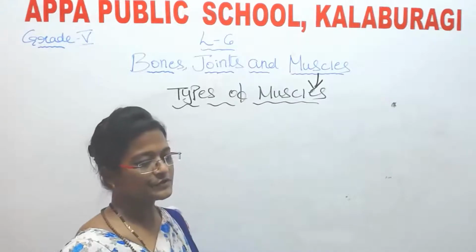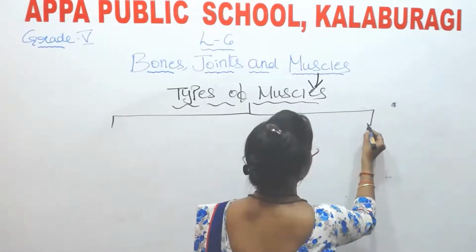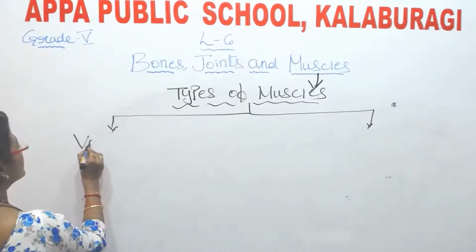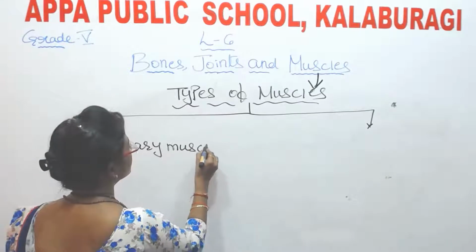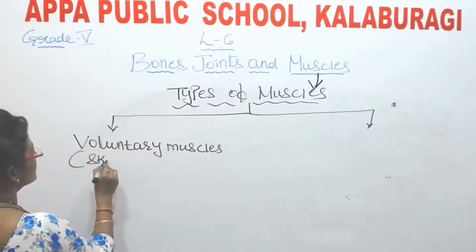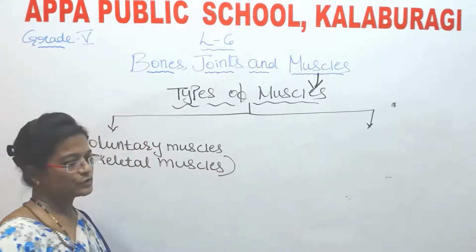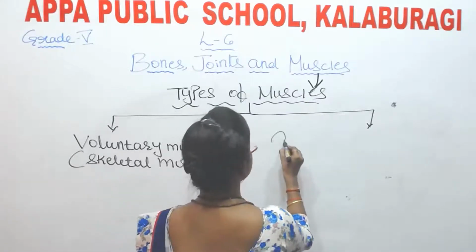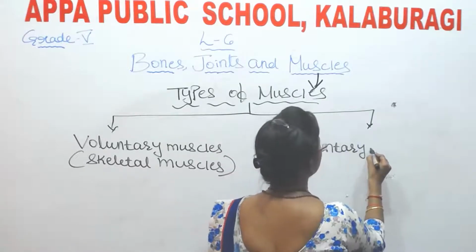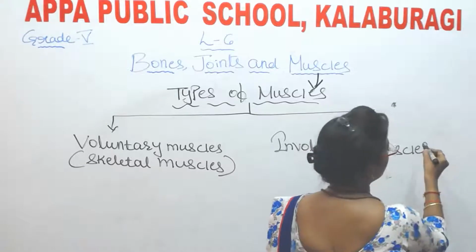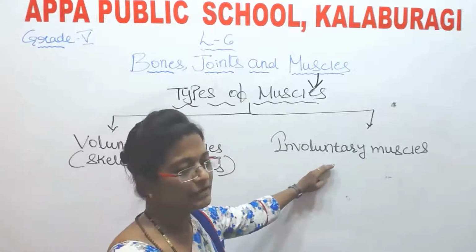So here are the types of muscles. They are voluntary muscles or skeletal muscles, and involuntary muscles.